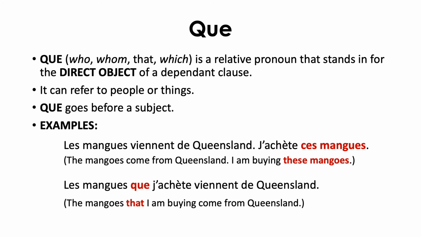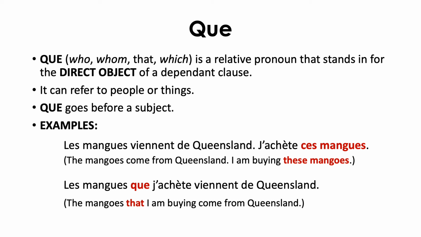So if we've got 2 sentences, Les mangues viennent de Queensland. J'achète ces mangues. Mangoes come from Queensland. I am buying these mangoes. Now here, mangoes is the direct object. J'achète: subject, verb; ces mangues: object.